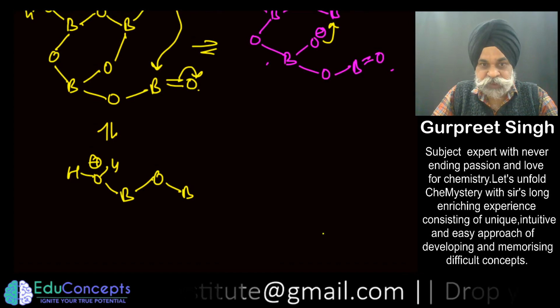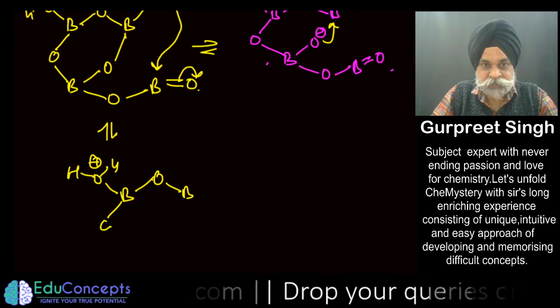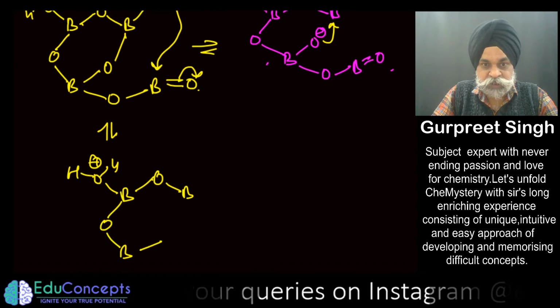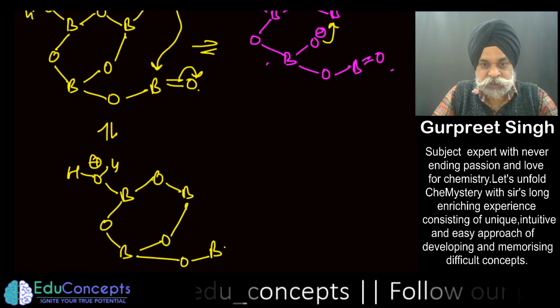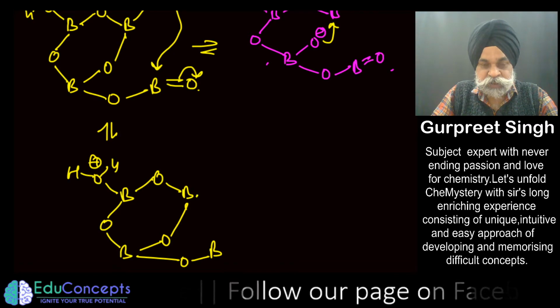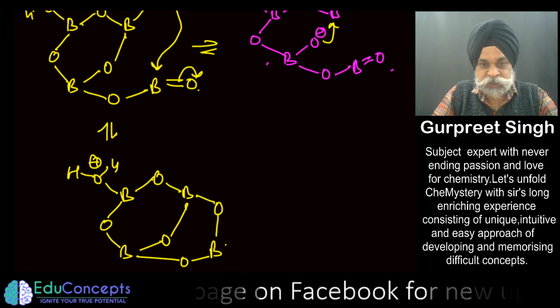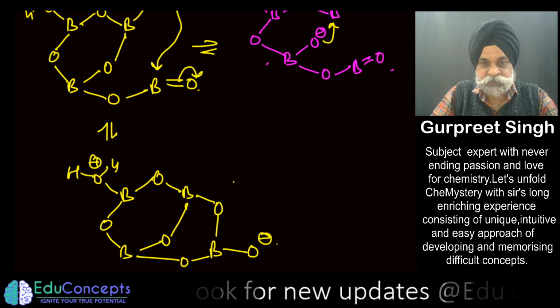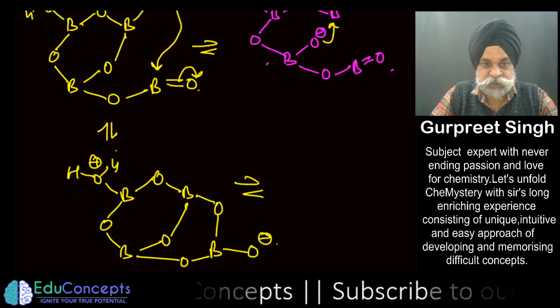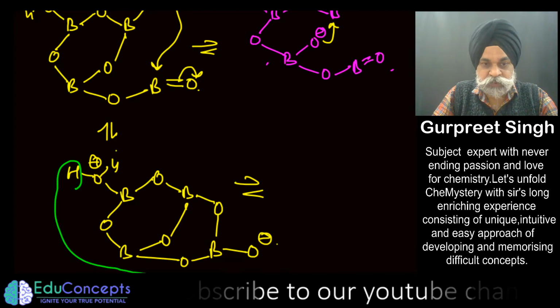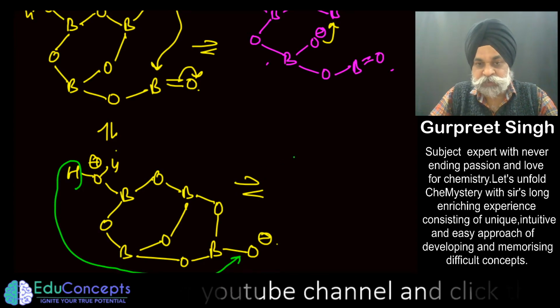Just I will show it like this. OB. So this went to this side, and this oxygen now is attacking this, and this becomes negative. And ultimately, this proton from this side would go to this one, an intramolecular proton exchange.